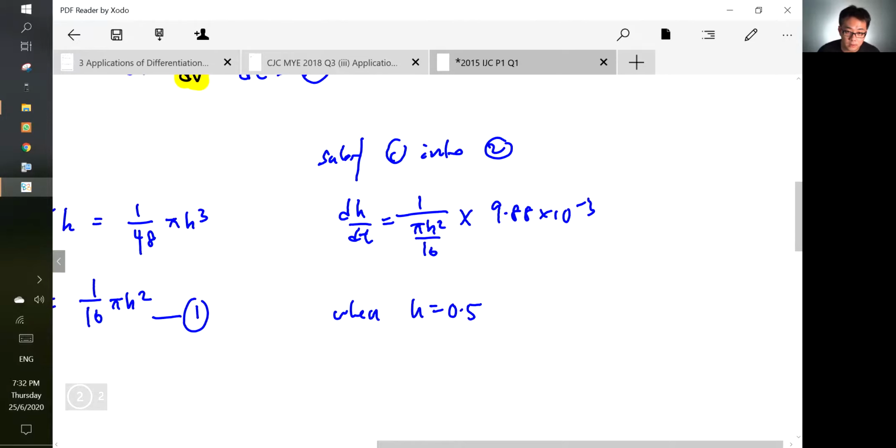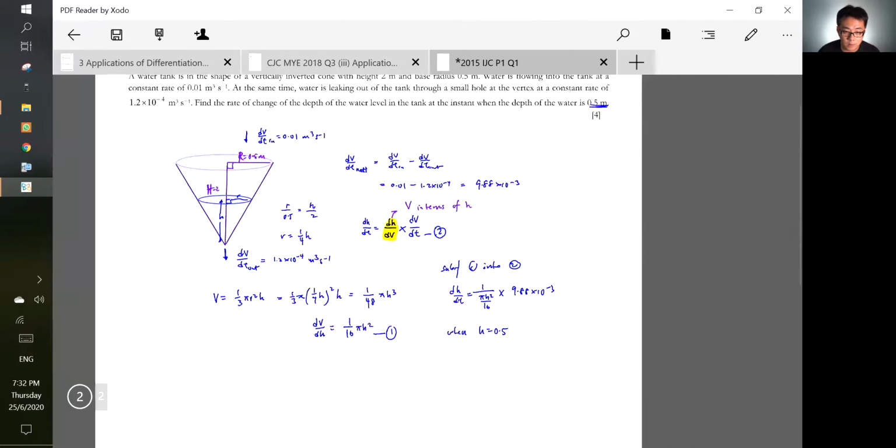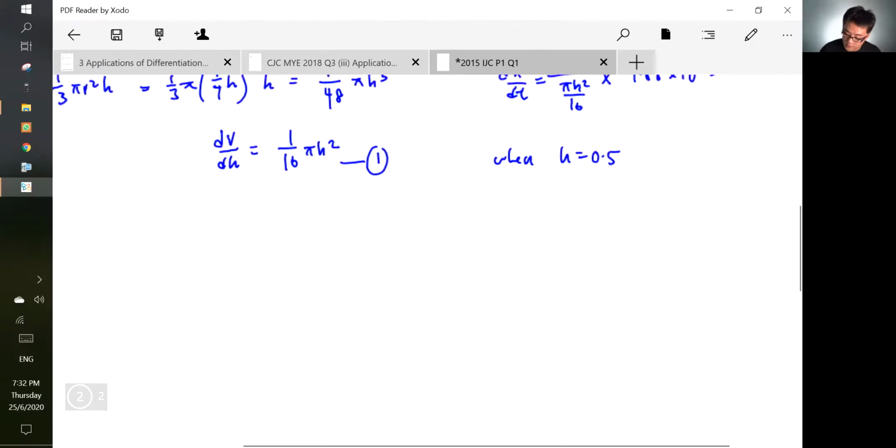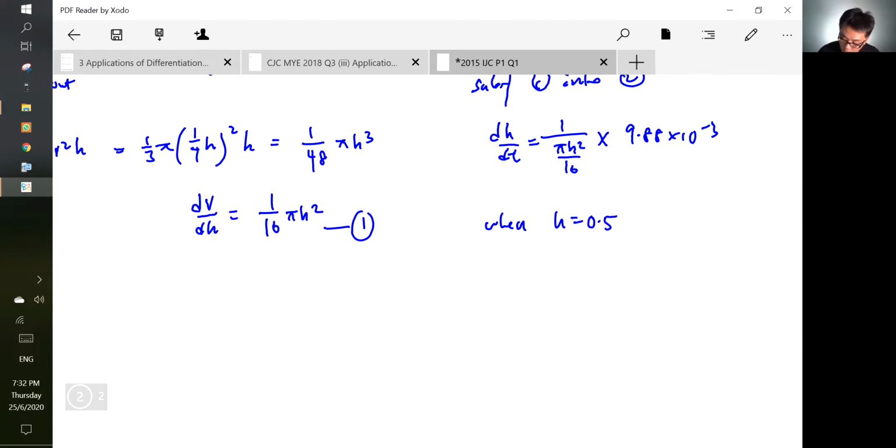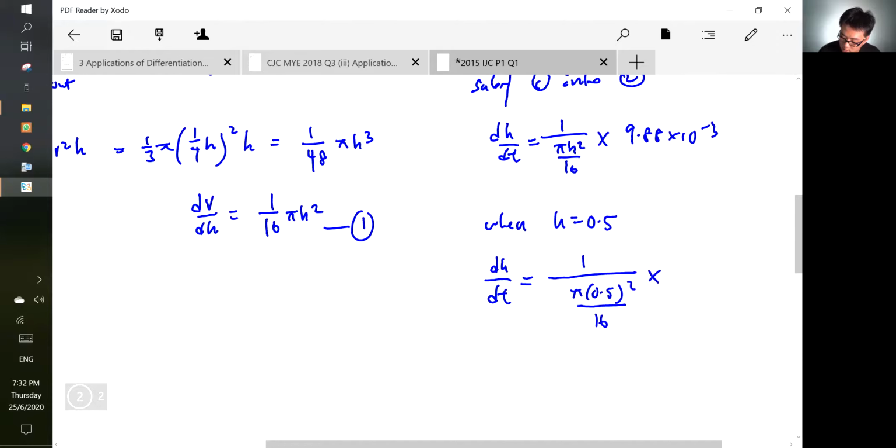The last thing you want to check is whether the units are all the same. Apparently all units are in meters, so you're safe. Sometimes the units are not the same. So this is 0.5 squared over 16 times 9.88 times 10 to the minus 3. Sometimes we can write it like that: the rate of change at h equals 0.5, dh/dt at h equals 0.5, means at 0.5 this is the rate.